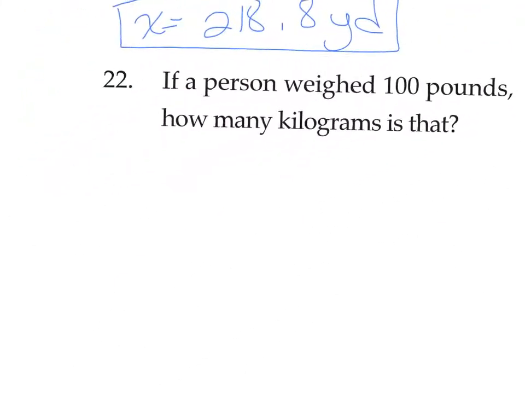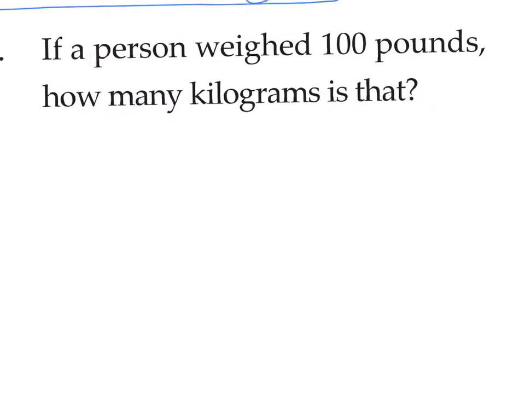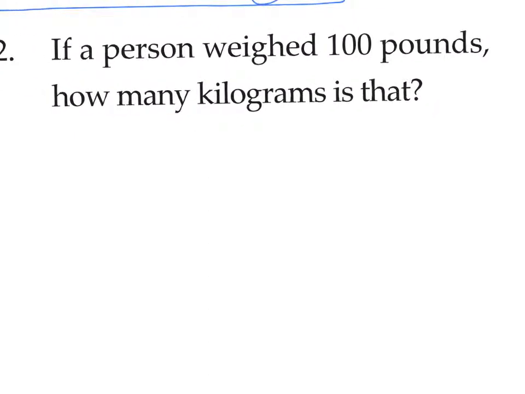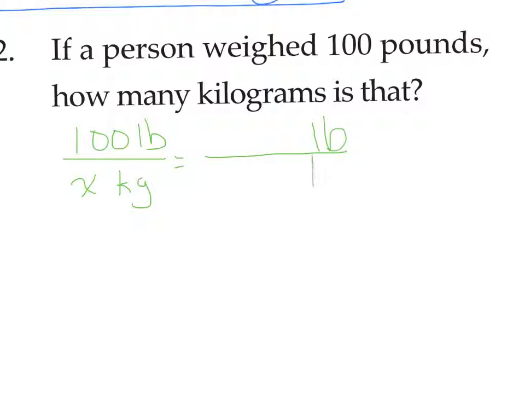All right, on number 22. If a person weighed 100 pounds, how many kilograms was that? So we're trying to convert 100 pounds to, we don't know how many kilograms. So we need a conversion for pounds to kilograms. It looks like 1 pound equals 0.454 kilograms.